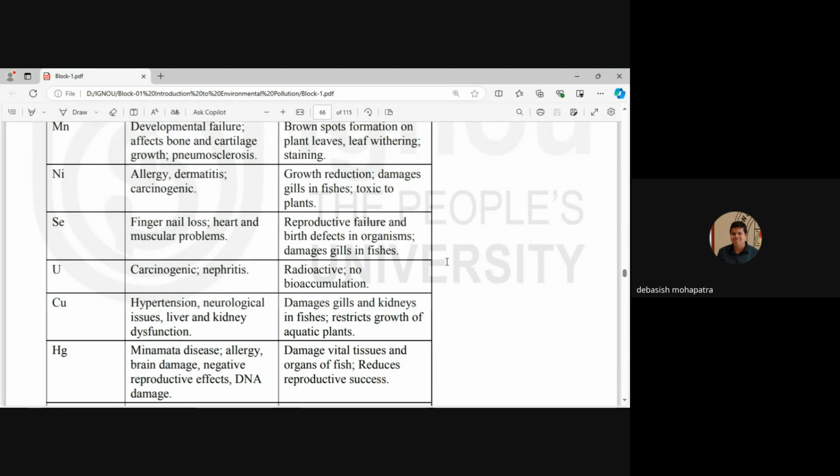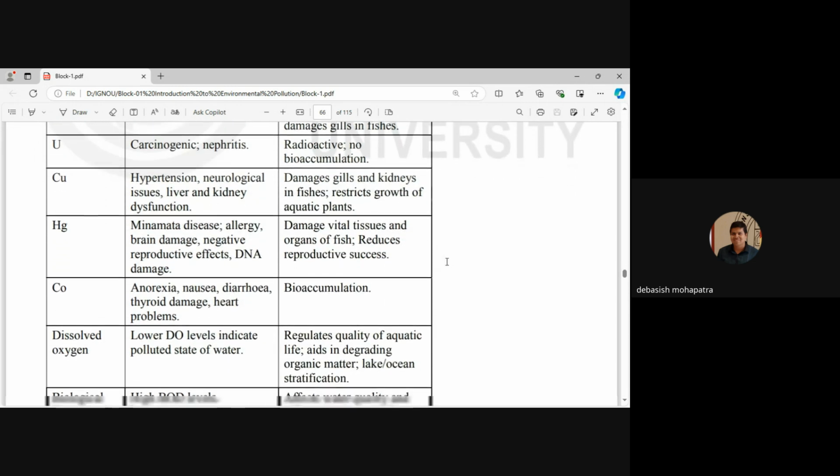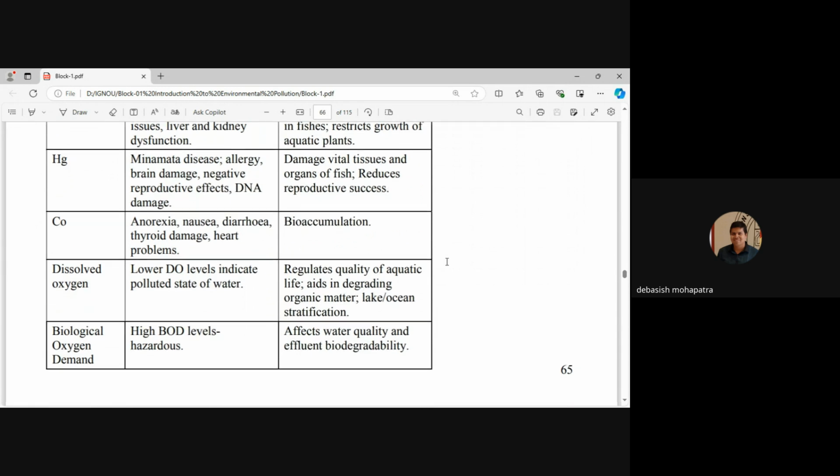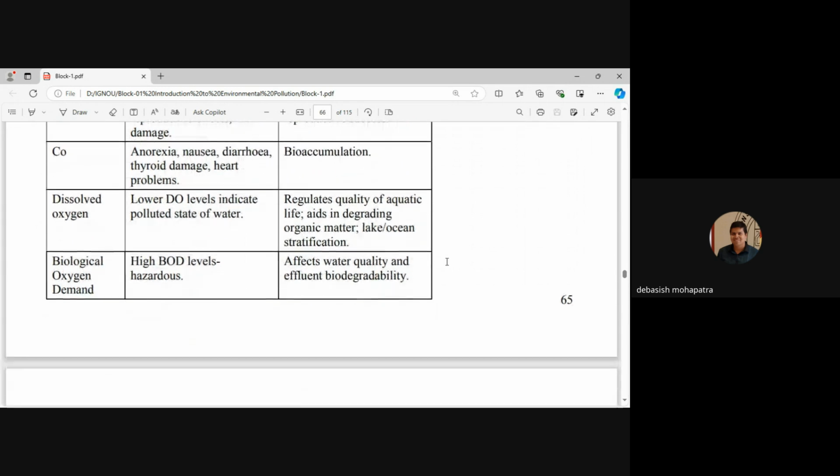Copper: hypertension, neurological issues, liver and kidney dysfunction, damage to gills and kidney in fishes, restricts growth of aquatic animals. Silver, then mercury: allergy, brain damage, negative reproductive effect and DNA damage, damage to vital tissues and organs of fishes, reduces reproductive success.